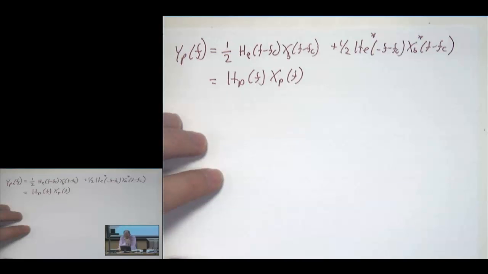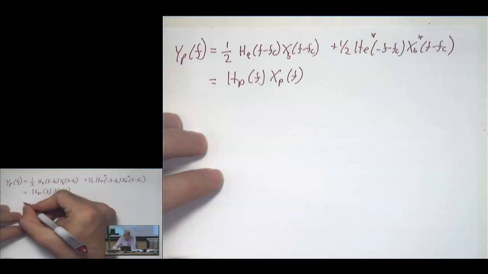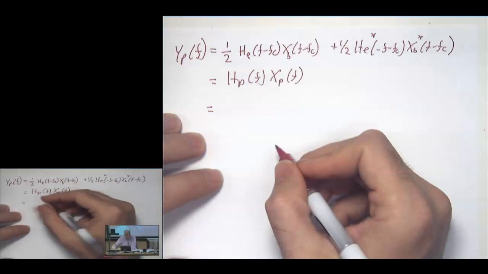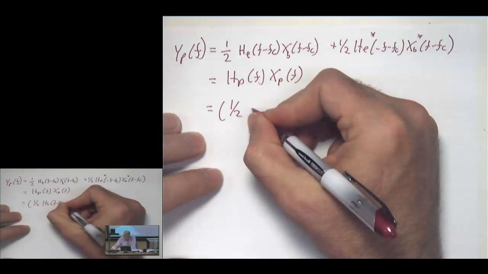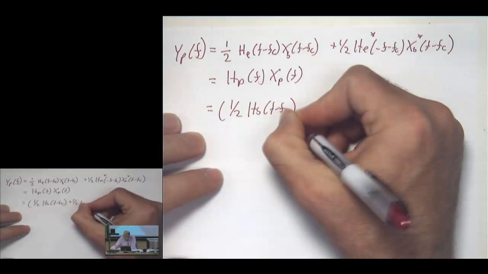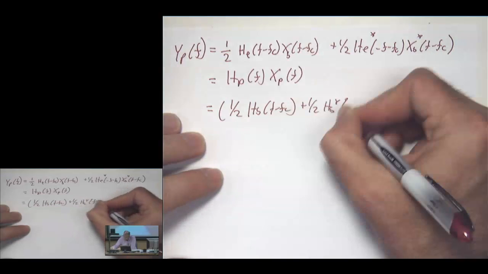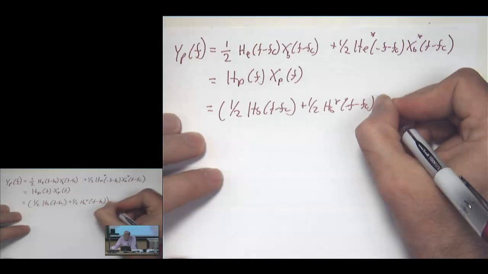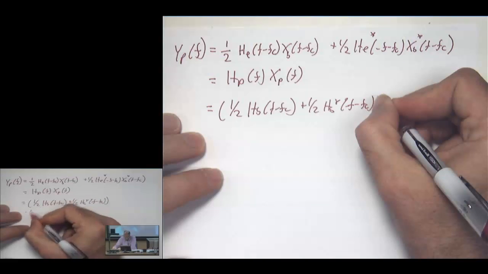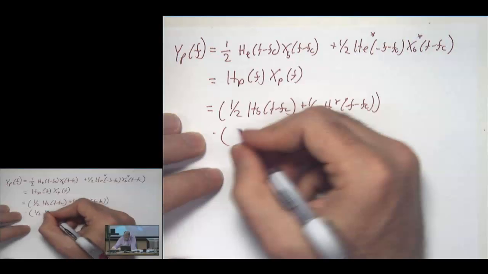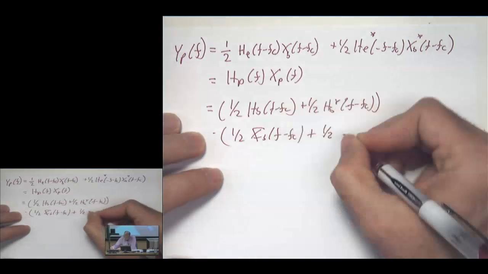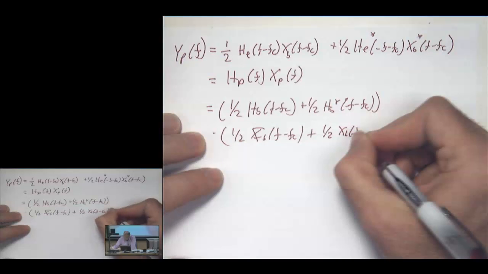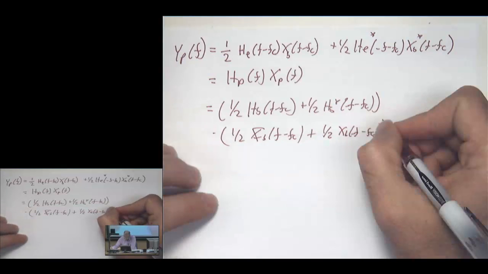So now we just rewrite this. We know H_p of f here is equal to 1/2 H_b of f minus f_c plus 1/2 H_b star of minus f minus f_c, times 1/2 X_b of f minus f_c plus 1/2 X_b star of minus f minus f_c here.